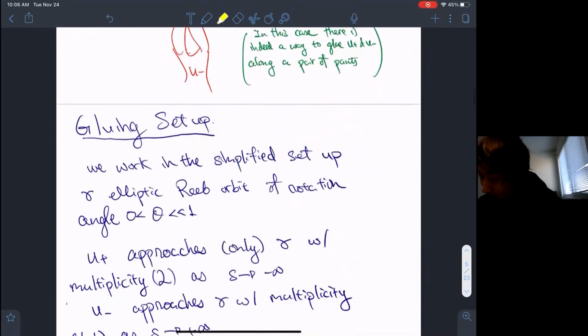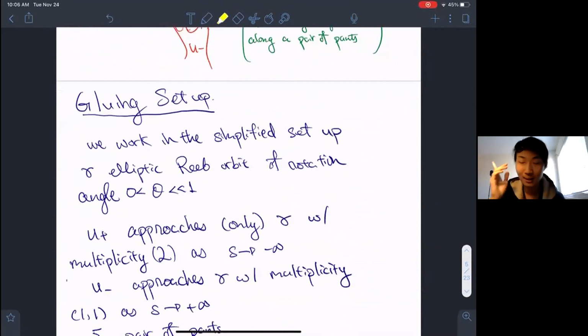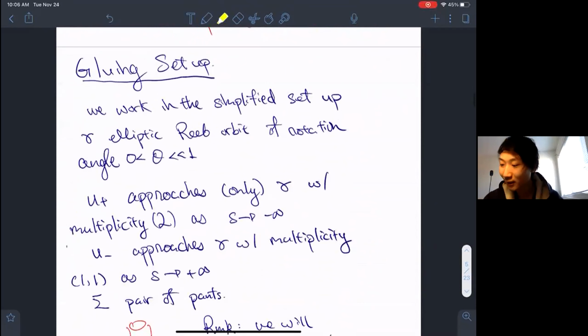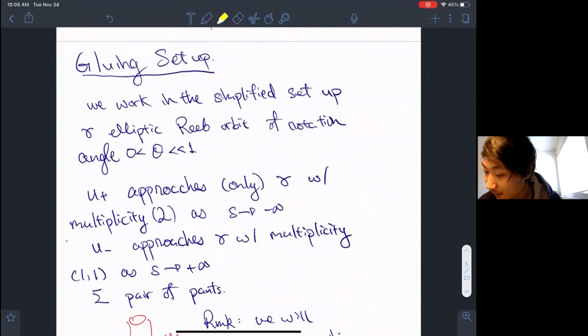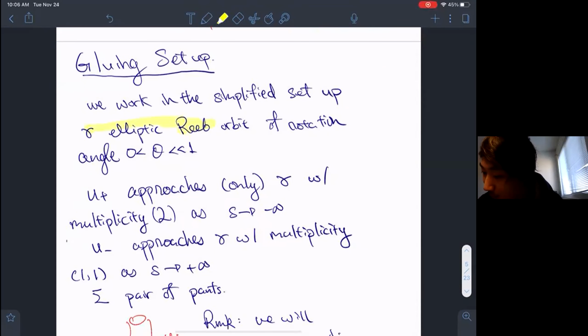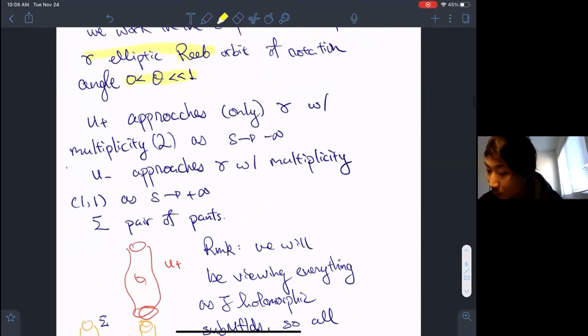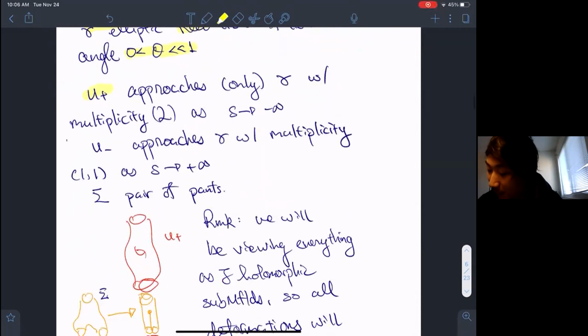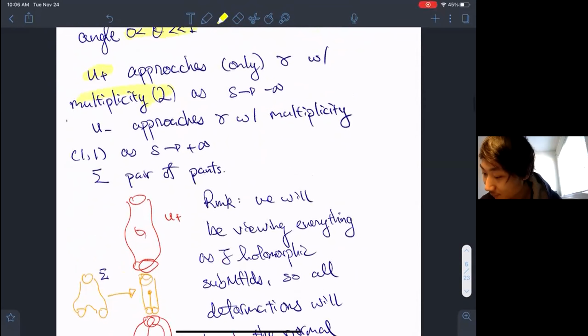Okay, so let me say something about the gluing setup. We'll only work in the case where I've drawn the above picture, a simplified setup with gamma an elliptic Reeb orbit of rotation angle close to 0. U plus only approaches gamma with multiplicity 2 as s goes to minus infinity.